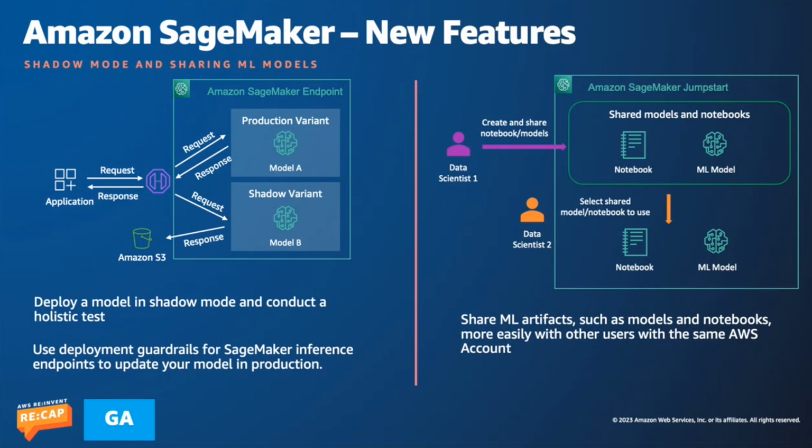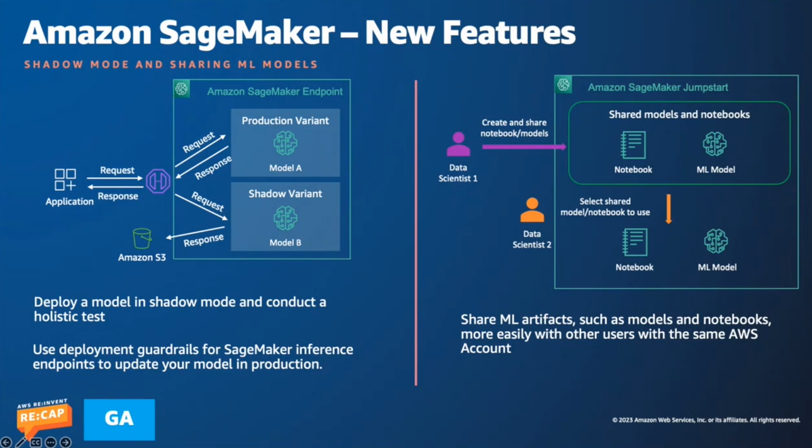And also we have introduced shadow mode, which is basically a clone of the production environment data for test purposes, right? So you may use this for testing, and once you identify that you need to make a few changes, you may use something that is called the deployment guardrails for SageMaker inference endpoints to update this new model into production.